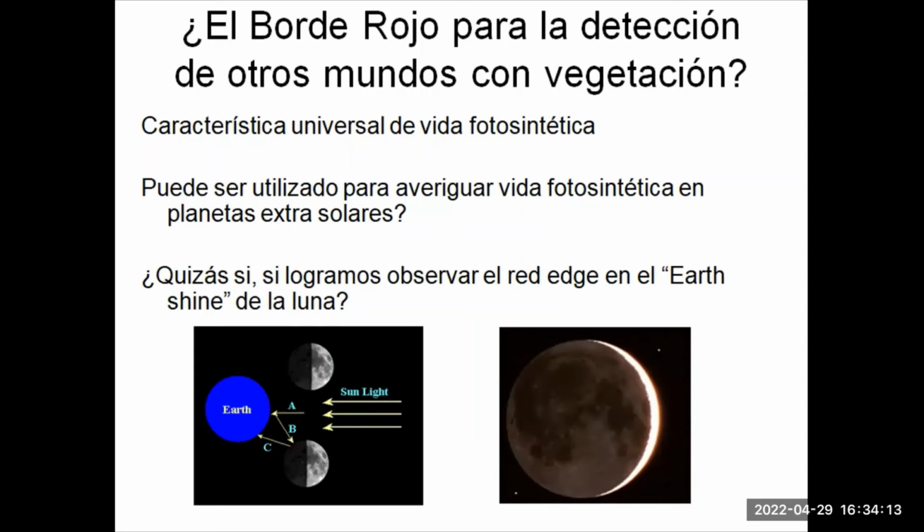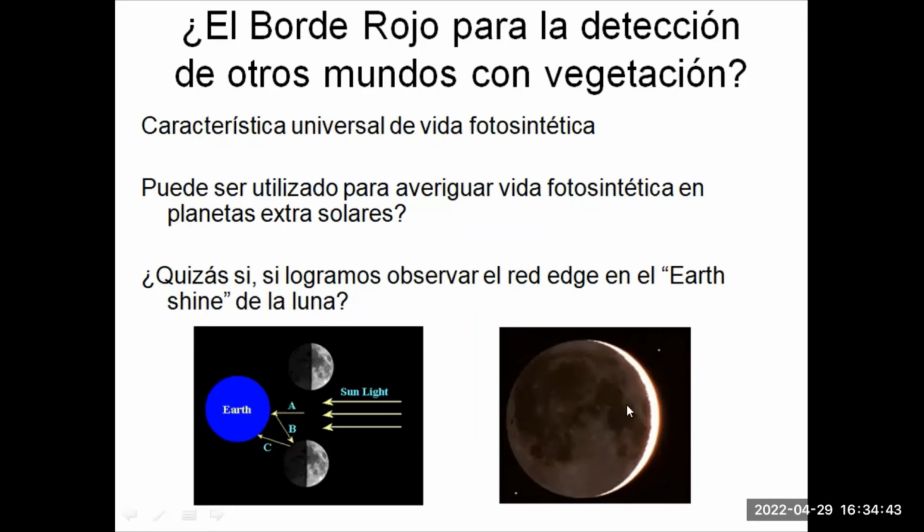we could detect the red edge on Earth from the light scattered off the dark side of the moon. Here in this diagram, at the bottom left, we have the sunlight coming into the Earth, being reflected by the dark side of the moon. And then we detect the light that is reflected in this region of the dark side of the moon, which is the light being reflected from Earth.